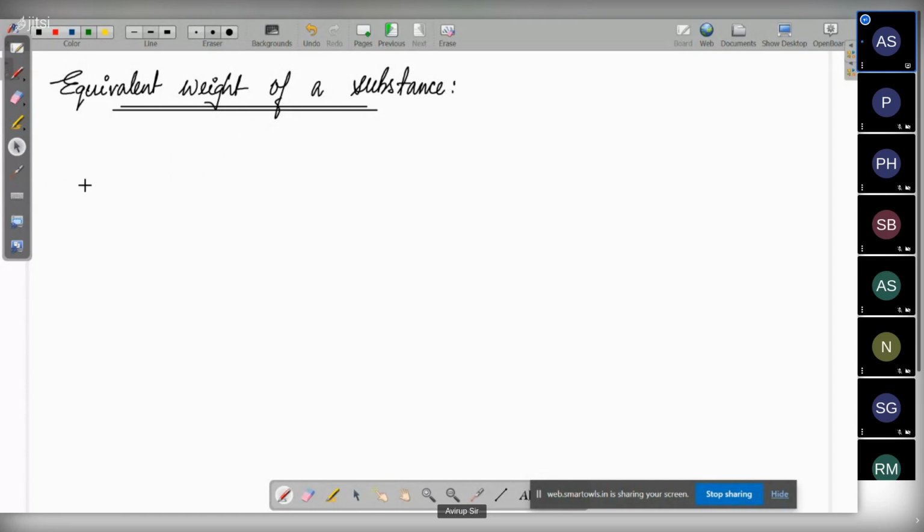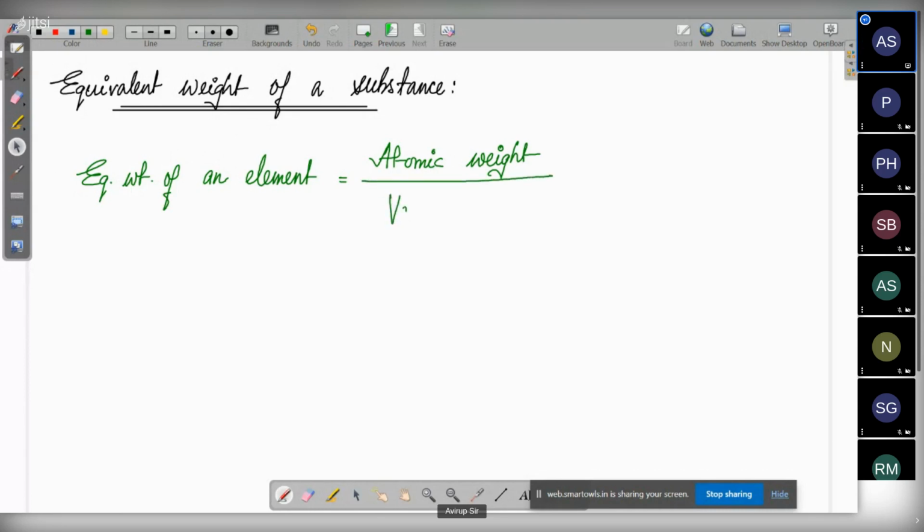First of all, the equivalent weight of an element is given by atomic weight divided by valency. So that is the equivalent weight of an element.